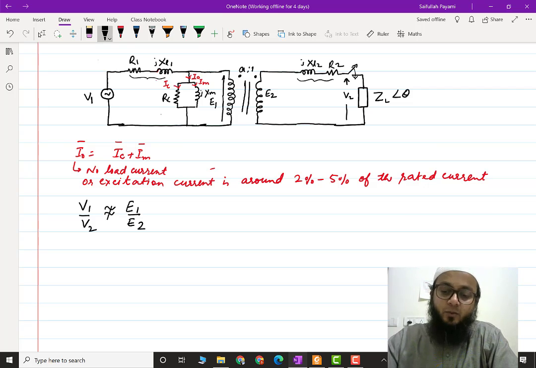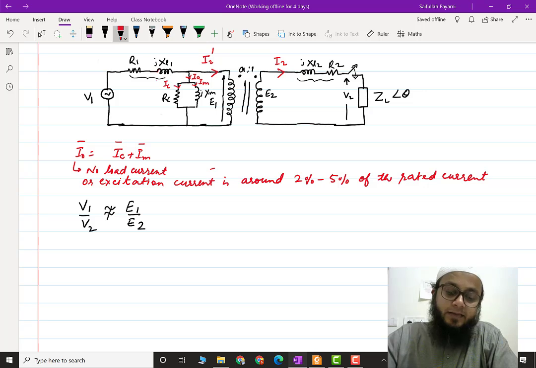The moment I have loaded the secondary side, some current I2 would pass through the secondary of the transformer, and corresponding to I2 we would have I2 dash at the primary of the transformer.